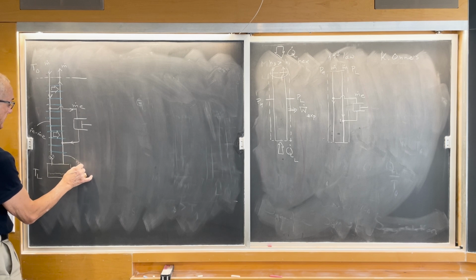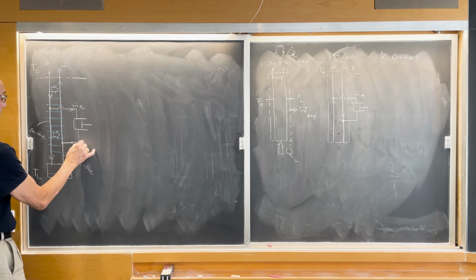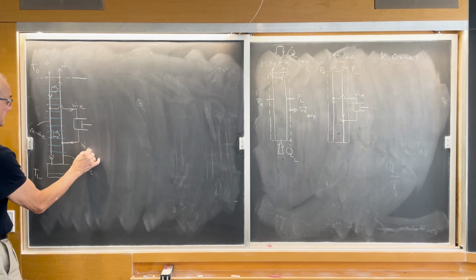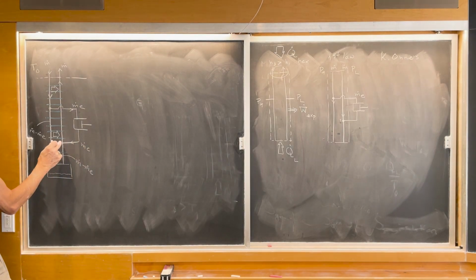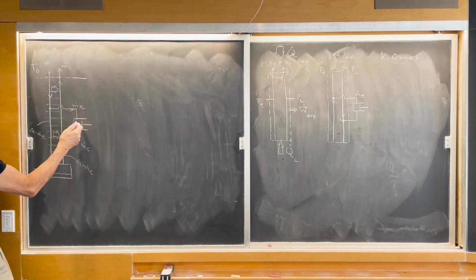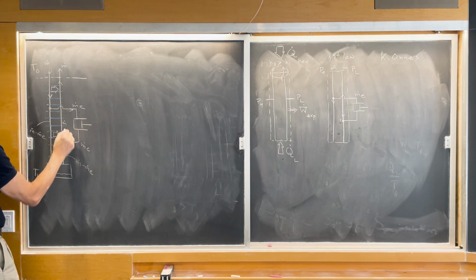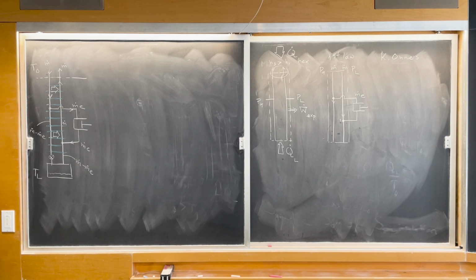Coming out of the evaporator is m dot minus m dot e. Here's m dot e, which means that on this low pressure track facing the expander, the mass flow rate is m dot. In other words, the mass flow rate varies stepwise along the heat exchanger.